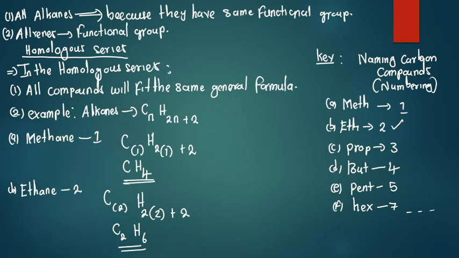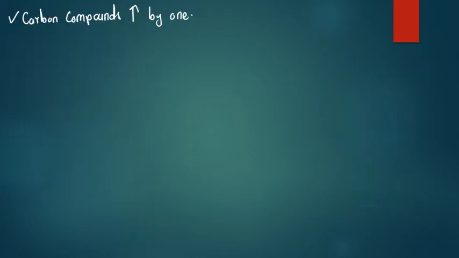Okay, this is 1, 2, 3, 4, 5, 6. So they keep on increasing by 1. Okay, so carbon compounds keep on increasing by 1.